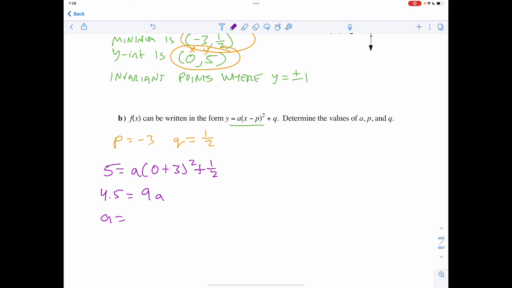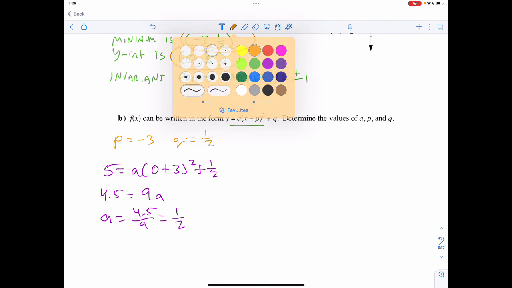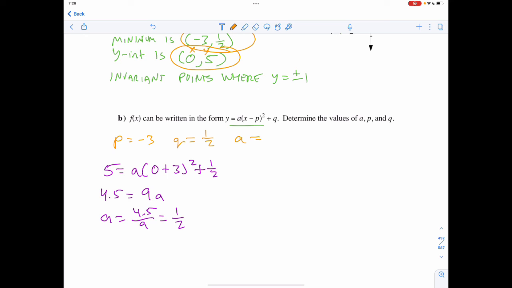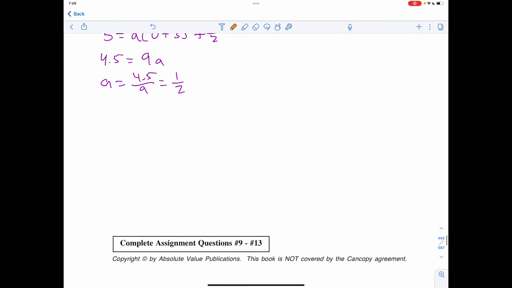If a is equal to 4.5 over 9, they're both divisible by 4.5, and a is equal to 1/2. And there's all my values, a, p, and q. All right, go ahead, get some practice.